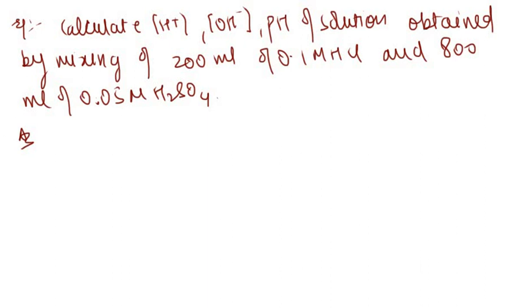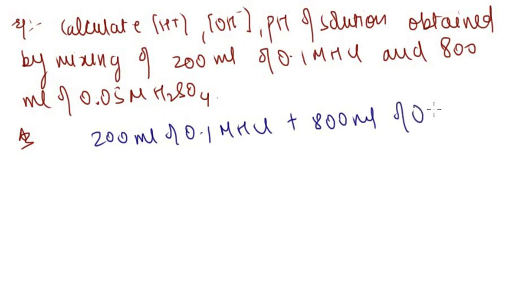Now I'll encourage all of you to first try to solve it on your own. Pause the video and then look at the solution. So let's talk about the solution. We mixed 200 ml of 0.1 molar HCl and 800 ml of 0.05 molar H2SO4. The moles of H plus come from HCl, because HCl dissociates into H plus and Cl minus, so 1 mole gives 1 mole of H plus.